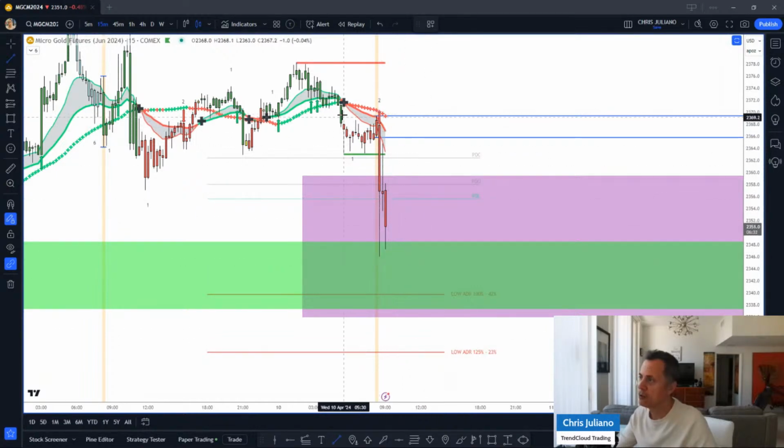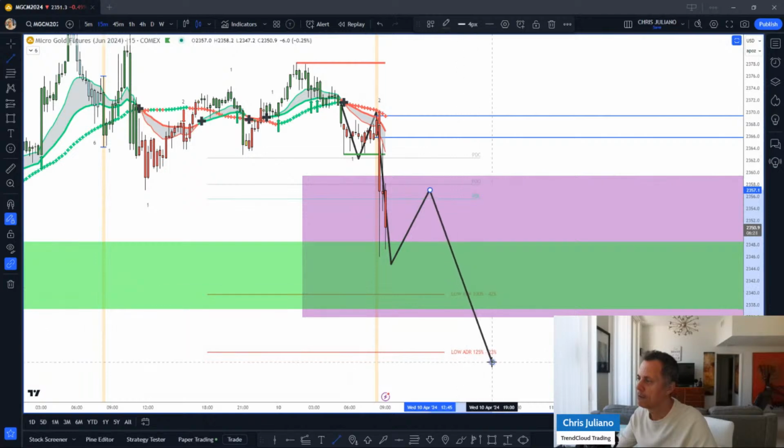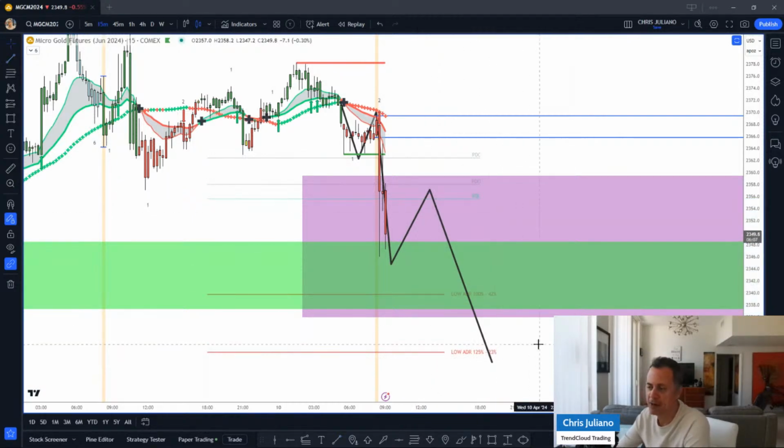This is what we got. Look, we've got 1, 2, 3, 4, 5. There are your 5 waves right there. This is very possible. Maybe you get the bounce out of this demand zone, but it would be short-lived, and then a breakthrough. You have to think that way.